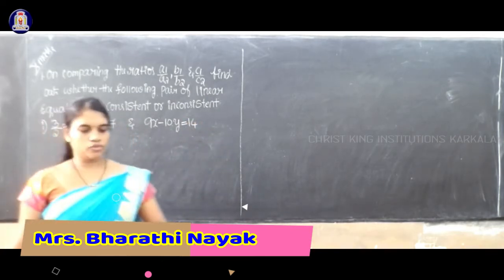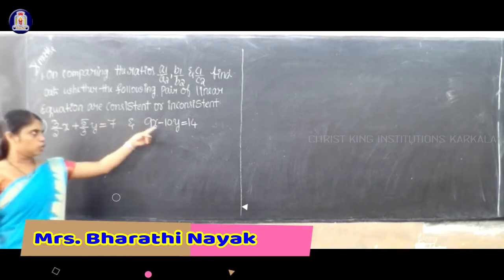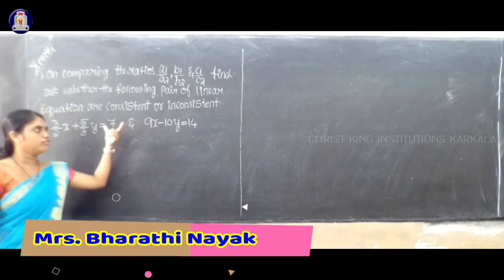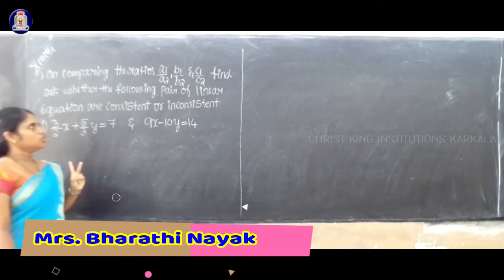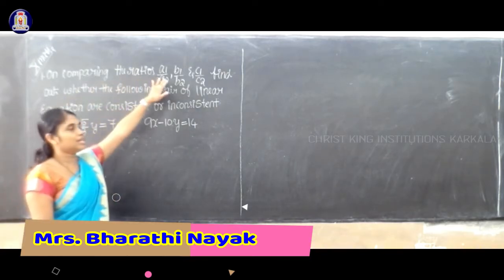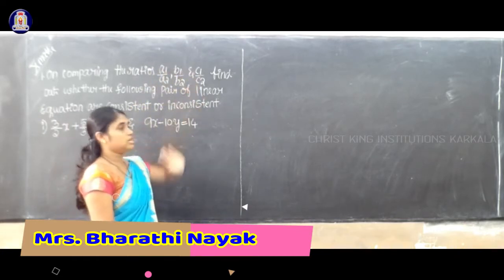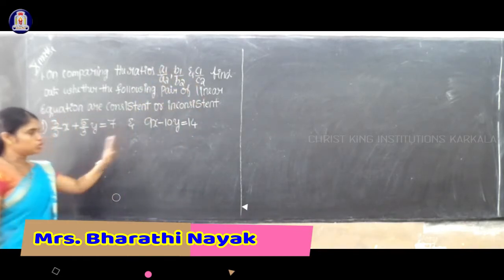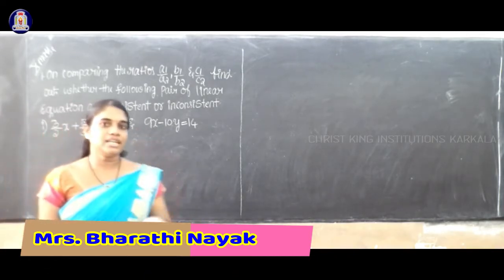So these are the two equations, a pair of linear equations in two variables. Here you have to check by considering the ratios of A1 by A2, B1 by B2 and C1 by C2. You have to check whether these lines are consistent or inconsistent.